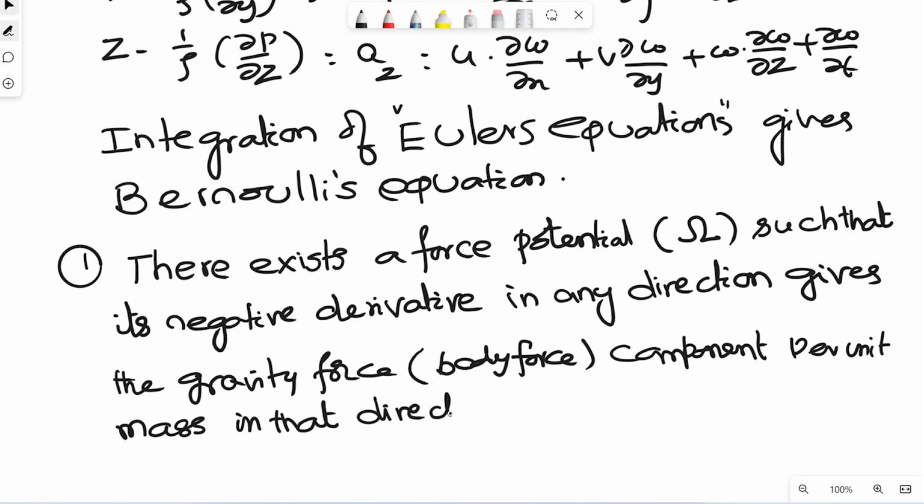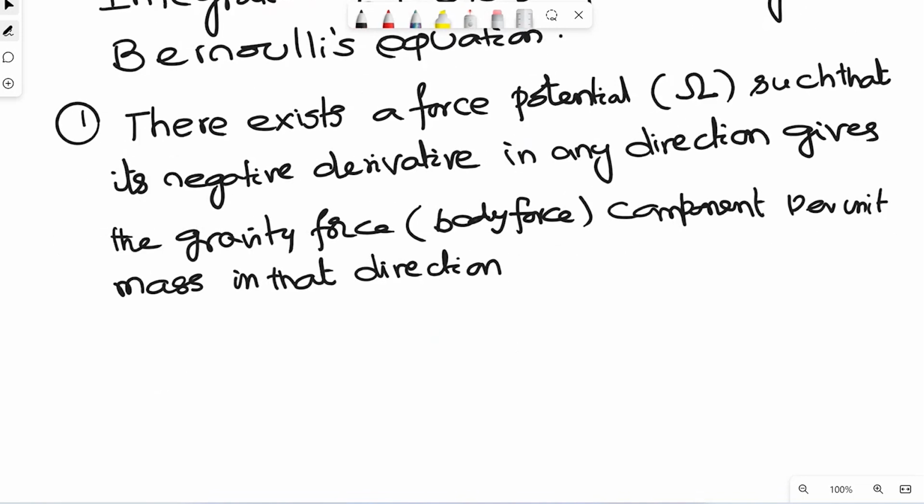This is only to see that this X also is represented in terms of a differential.